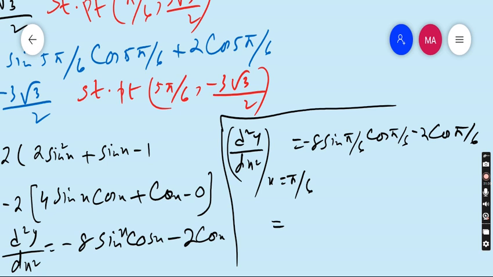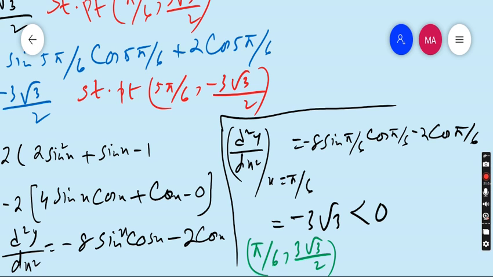The answer is minus 3 root 3. It means the whole answer is minus 3 root 3, which is less than 0. Hence, pi by 6 and 3 root 3 by 2 is maximum.